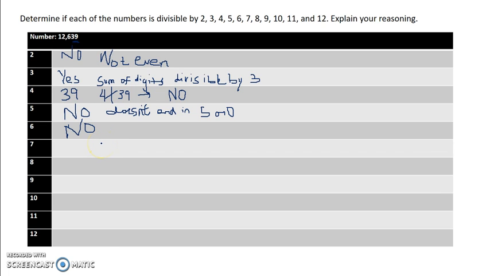Now 7, here's where we need to look at a process. For 7, we're going to take the last digit from the number. That's 9. We're going to double it. 9 times 2 gives me 18.